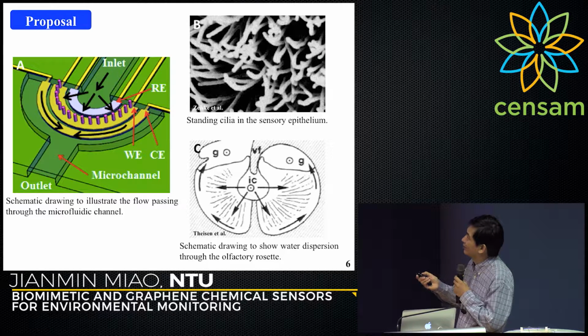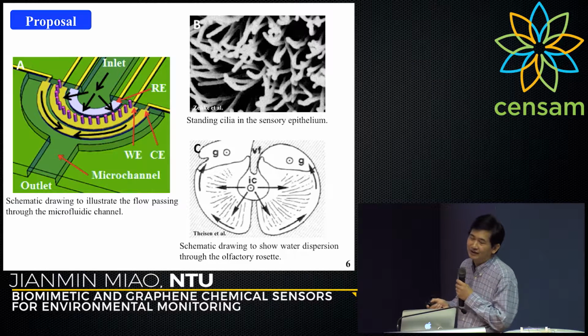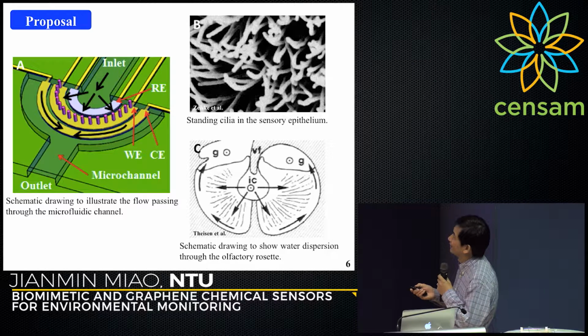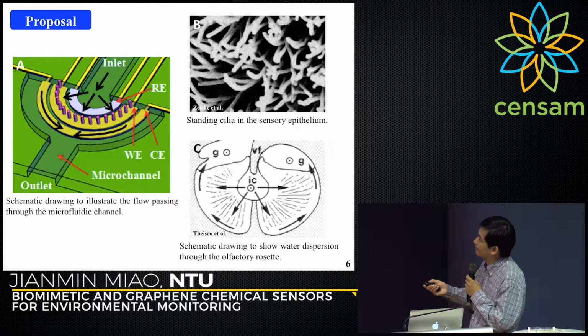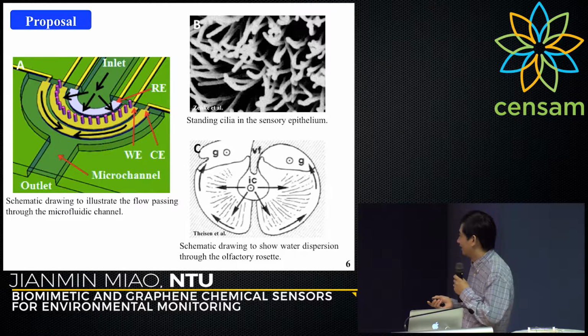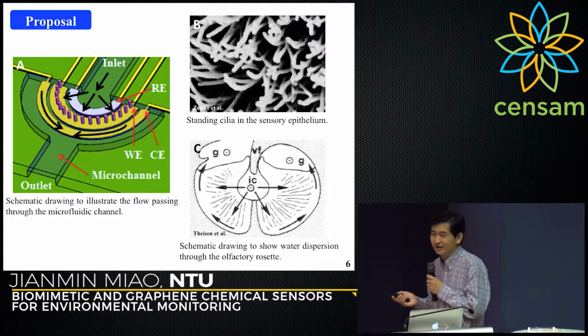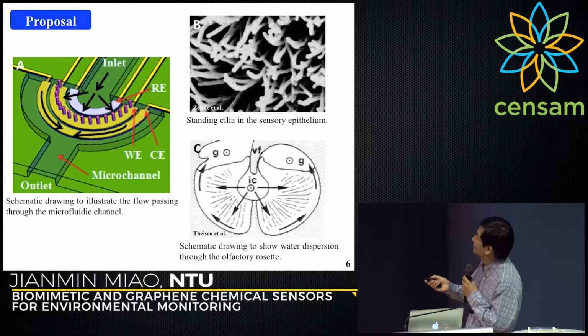The water comes in and spreads, and the microchannel guides the water into this measuring area with the micropillars. With the reaction here, you can measure the voltage or current. Finally, the sample comes out from here. The shape is very similar to the olfactory rosette of the shark, and this micropillar is very similar to the standing cilia in the sensory epithelium.